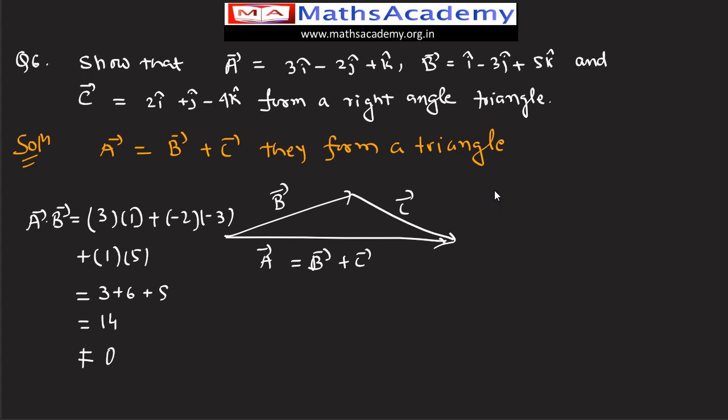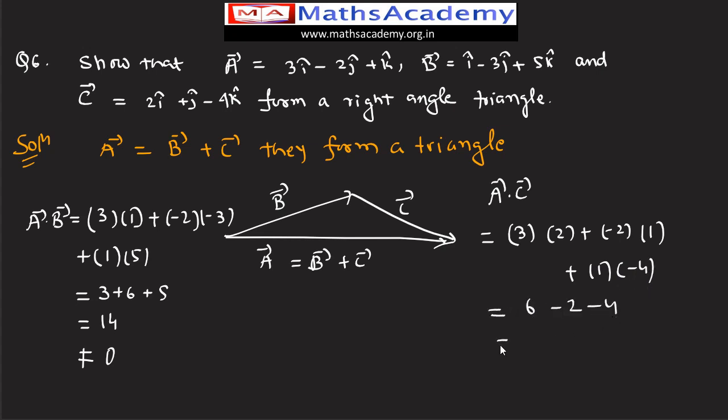Now take the dot product of a vector with c vector. The i component of a is 3 and of c is 2, then the j component of a is minus 2 and of c is 1, and the k component of a is 1 and of c is minus 4. So it is 6, then minus 2, then minus 4. So the result is 0.